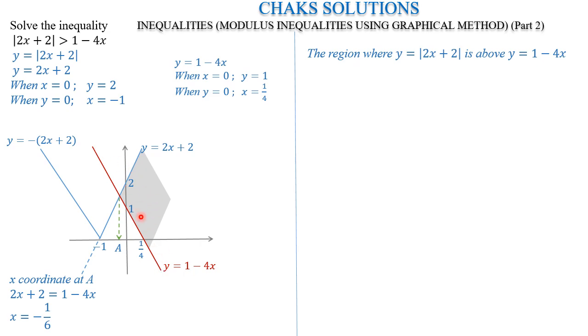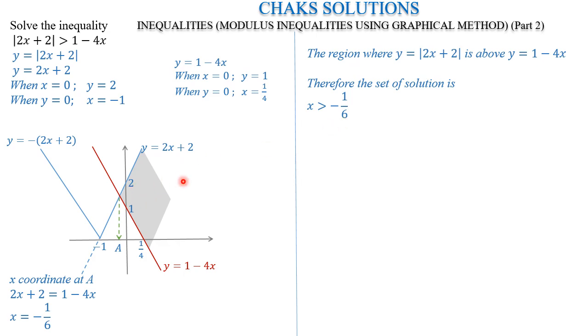Going from this point to the right side, this graph will be greater than the graph of y equals 1 minus 4x. Therefore the solution set will be x greater than minus 1 over 6. That will be the solution for this one.